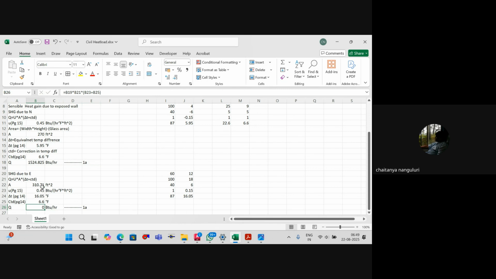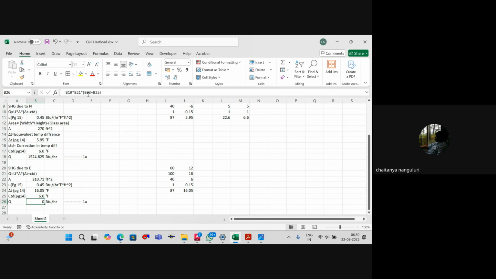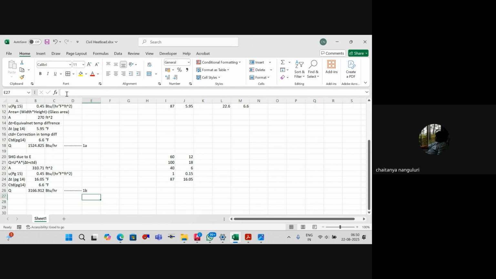So it's not B19, it's B22. 22 into area, area is this one, and delta T. Q is equal to U into area into delta T plus CTD. So automatically you came to know this particular one. This I'll write as equation 1b.